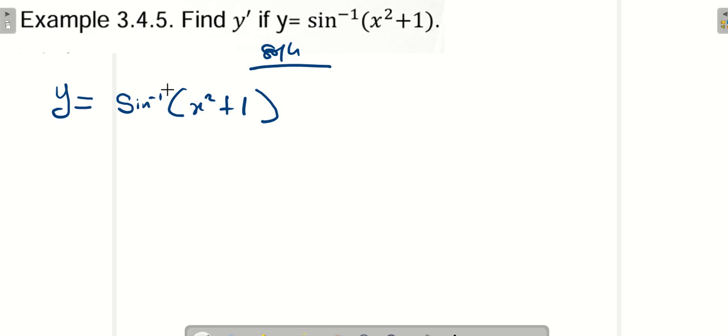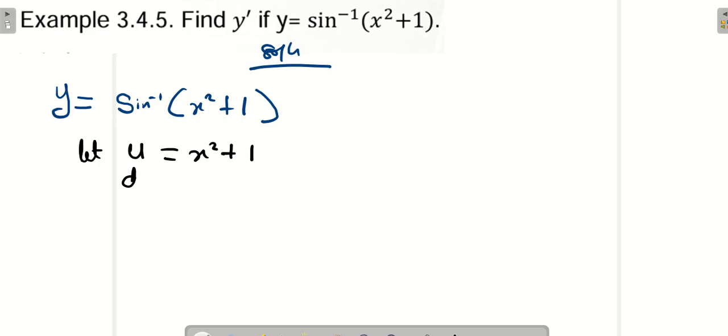Y is equal to sine inverse of x squared plus 1. Here too, it is appropriate to apply the chain rule by first letting u be equal to x squared plus 1.